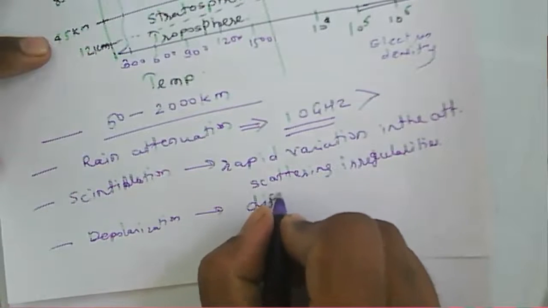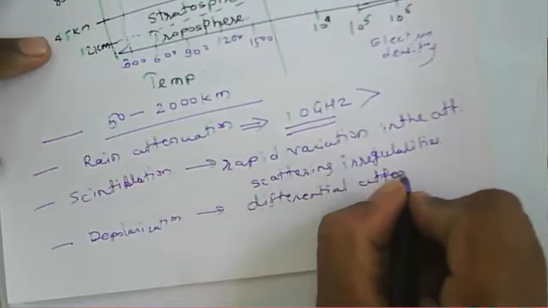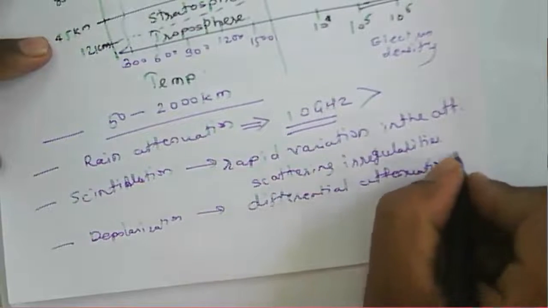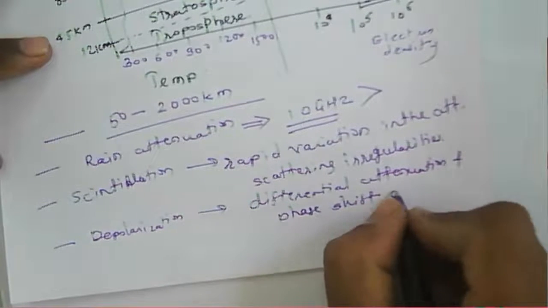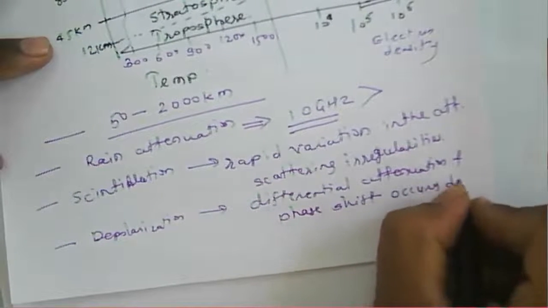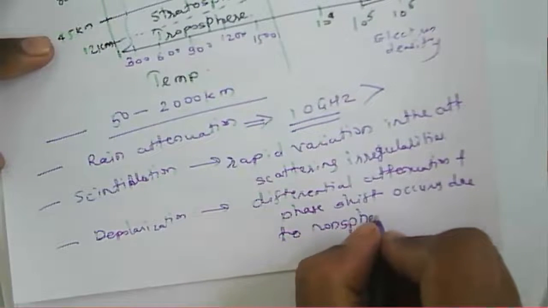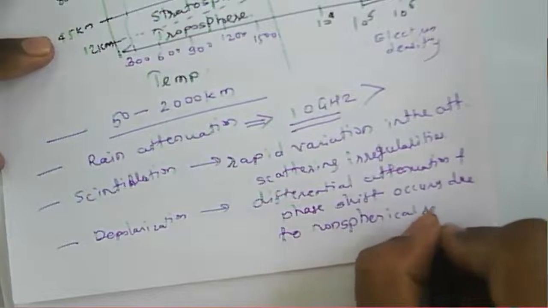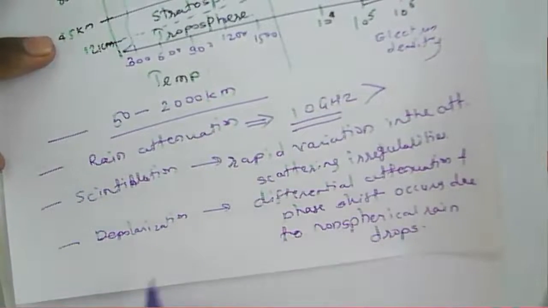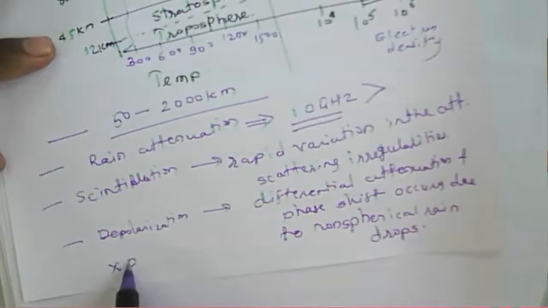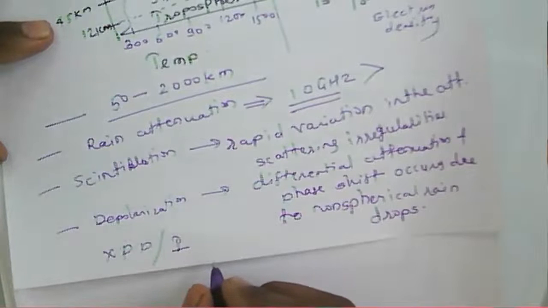That is nothing but a differential attenuation and a phase shift occurring due to non-spherical raindrops. That's why we get the cross polarization terms, XPD and isolation.